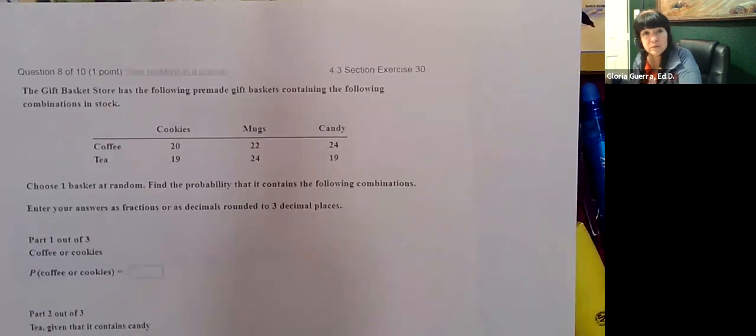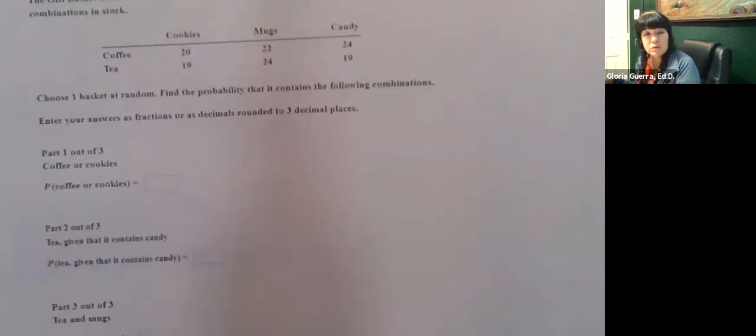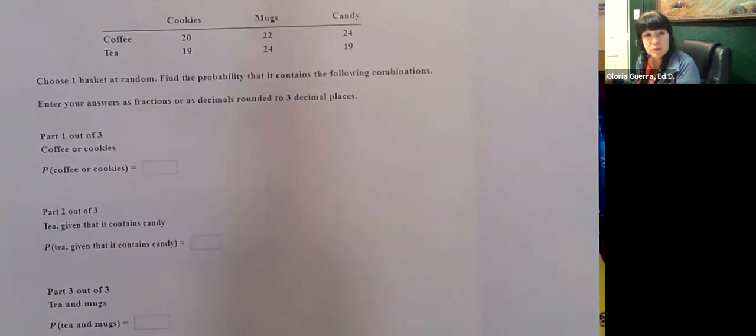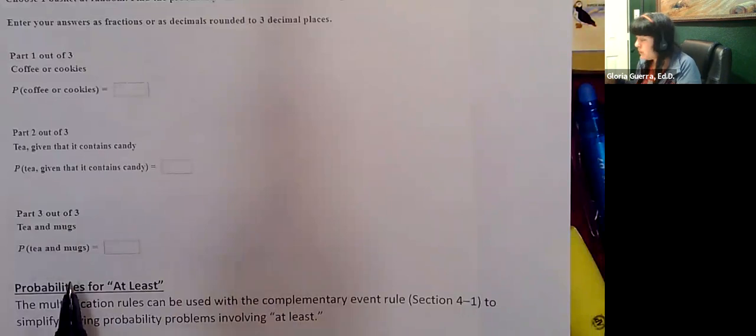Okay, so this is supposed to be a review. Usually in a remote class or a face-to-face class, I would really ask the students questions about these problems. See how you have an or, and see how you have a given that, and see how you have an and.